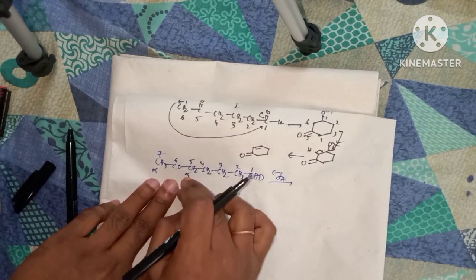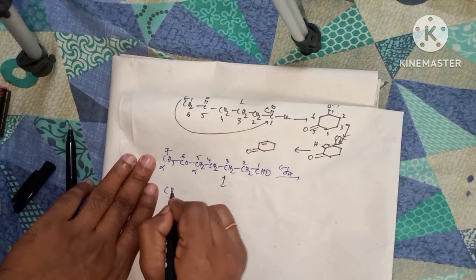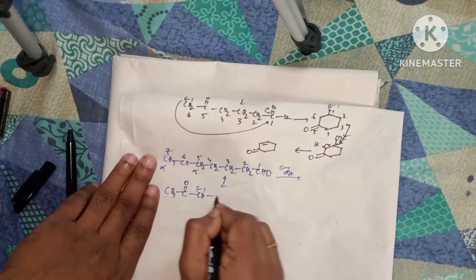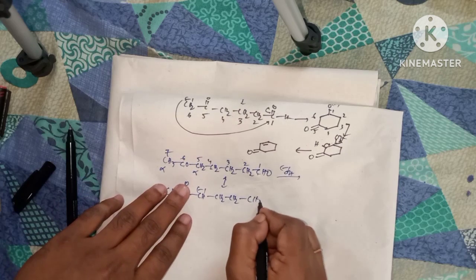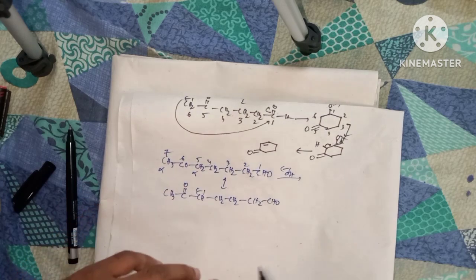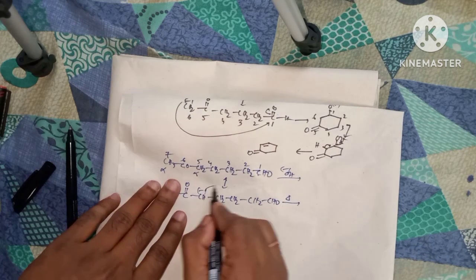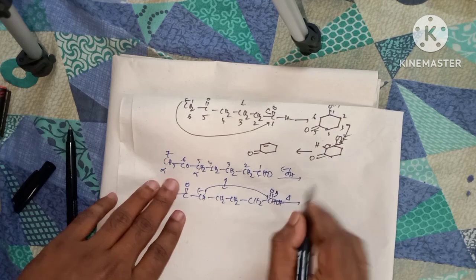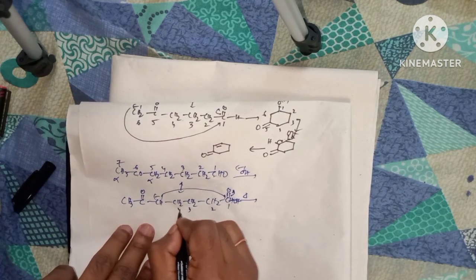So if you take this alpha hydrogen, what is the product? It gives CH3, C double bond O and CH minus, CH2, CH2, CH2 and CHO, and on heating it attacks here at the C double bond O and forms a 5-member ring, 1, 2, 3, 4, 5.